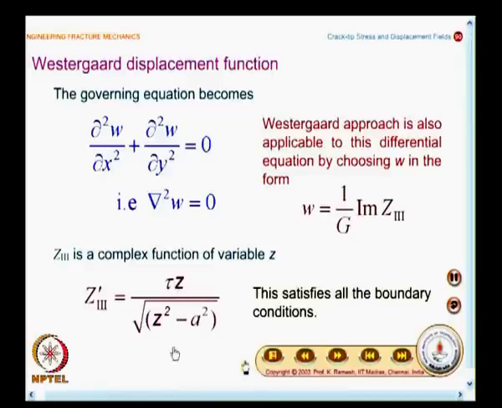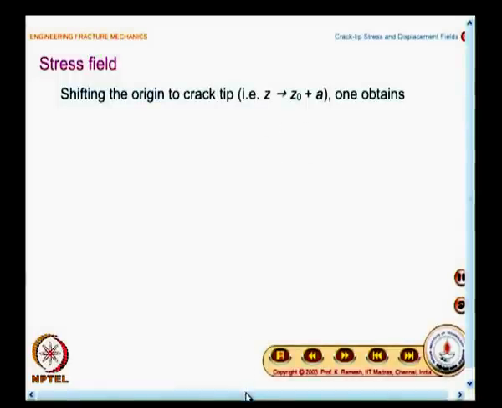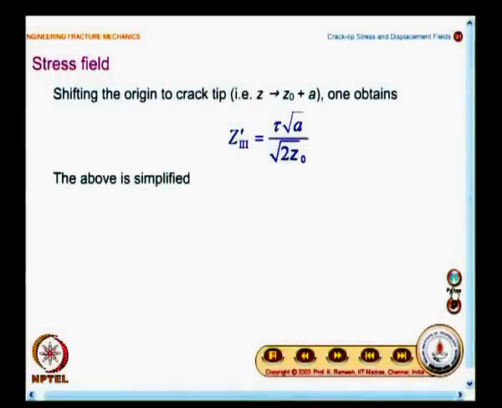Once you have this, the procedure is very similar to what we have looked at. As in the earlier cases, you have to shift the origin to the crack tip. So, z becomes z naught plus a, and you make a simplification.